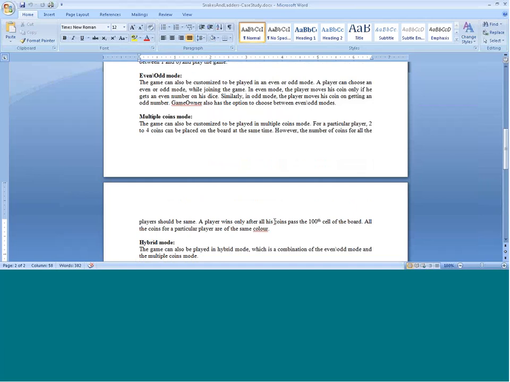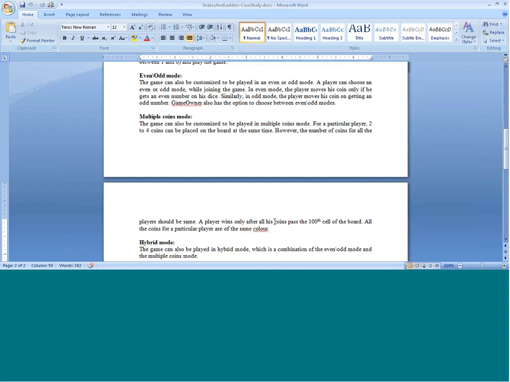For each player, there can be 2 to 4 coins, but every player should have same number of coins, right? This is your multiple coins mode. And who will win? The player for whom all the coins have crossed 100th location will win, right?